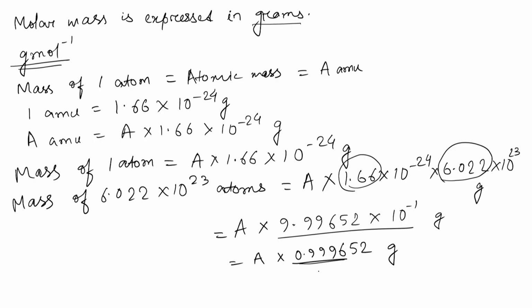Now, see, this number is almost equal to 1, right? So, when we multiply 1 AMU in grams with Avogadro's number, we get 1. So, till now, what we were expressing in AMU, the atomic mass of any atom, and now the molar mass, that is the mass of these many atoms, come to the same number.